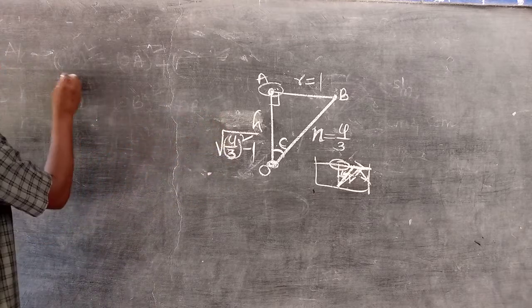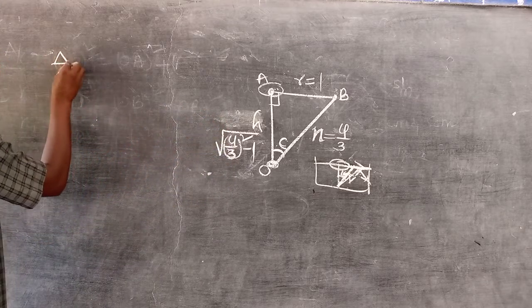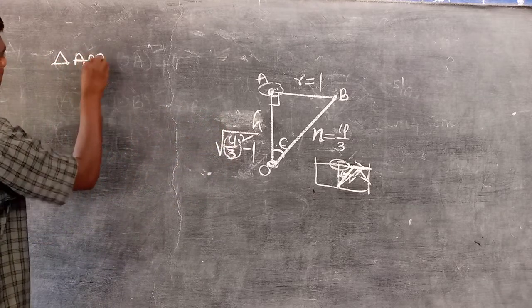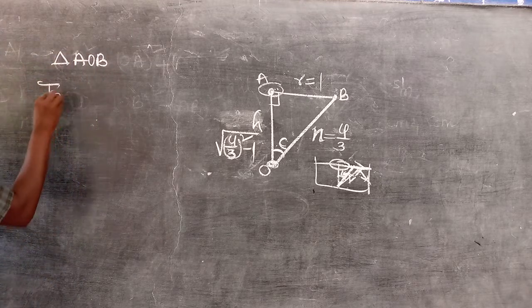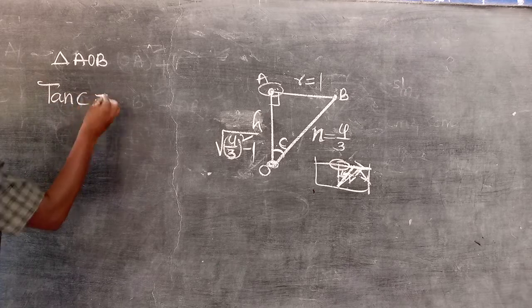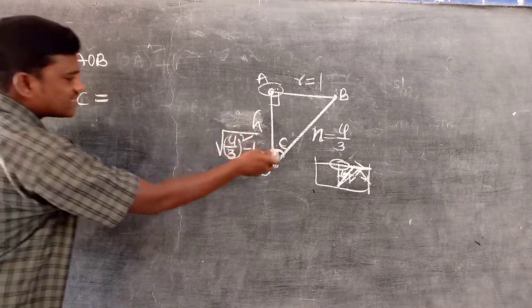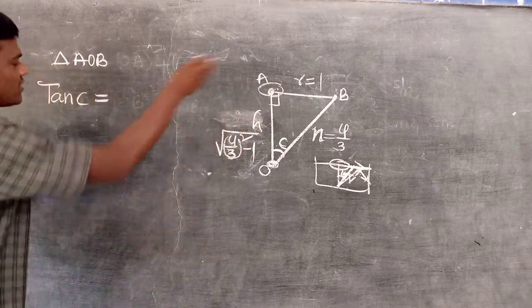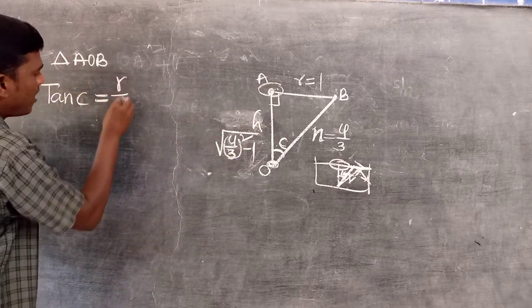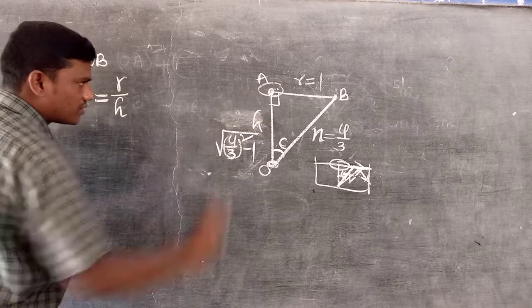So from the diagram, from the right angle triangle AOB, tan C is nothing but opposite side by adjacent side. What is the opposite side? R upon H initially.